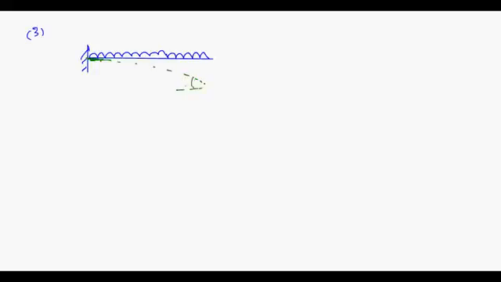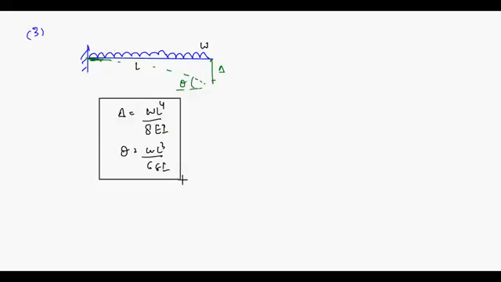You will have some theta and some delta. What is the value of this delta and theta? Your delta is equal to WL to the power 4 upon 8EI. L is of course the length, and W kilonewton per meter is the loading. So this is your delta, and your theta is WL cube upon 6EI.